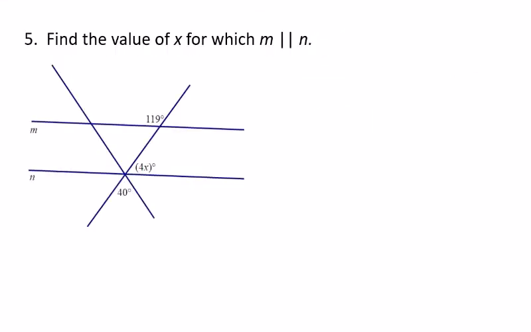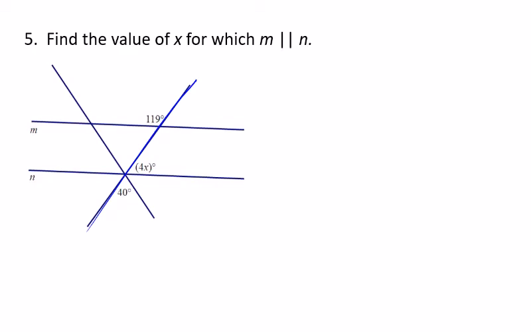All right, number 5, find the value of x for which m is parallel to n. Okay, so if these two lines are parallel, then what would the value of x have to be, right? So here we have two transversals. We have this transversal, right?